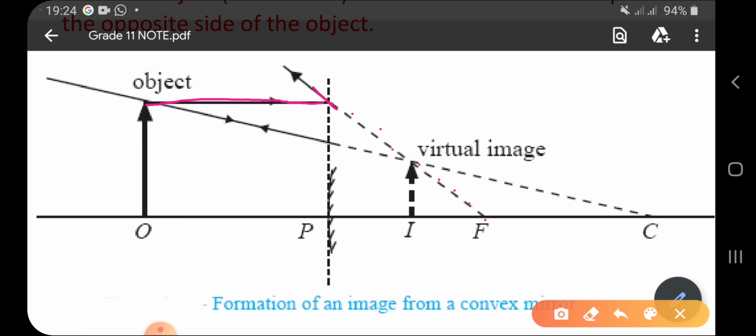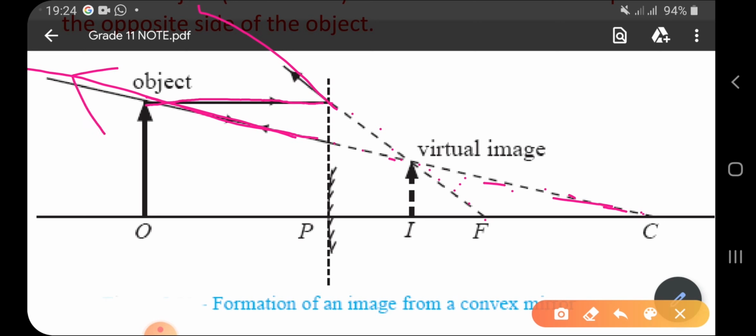So here, light rays which are coming towards the center of curvature of the mirror will be moved again to the opposite side this way, right? So there will always be a virtual image found behind the mirror.